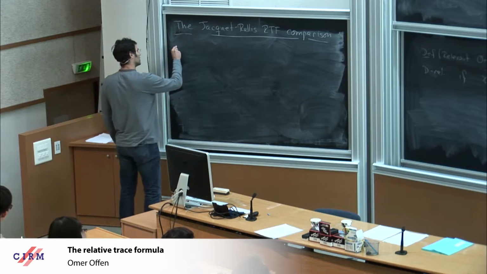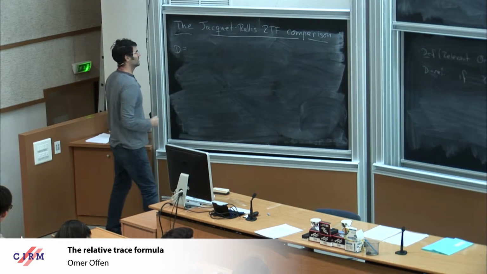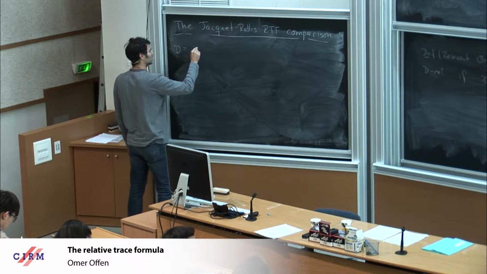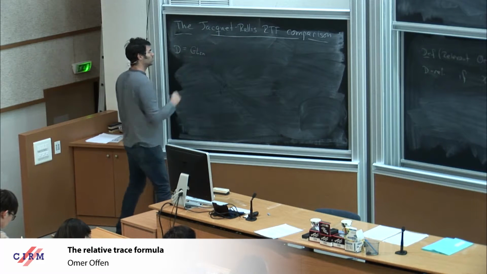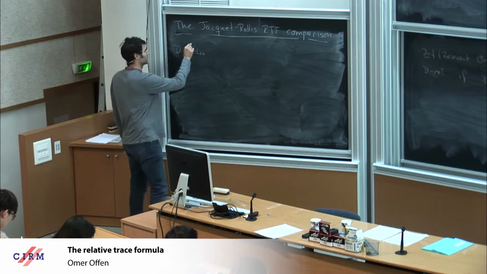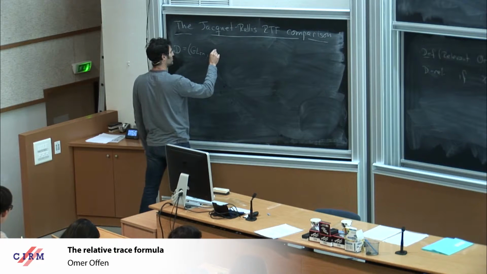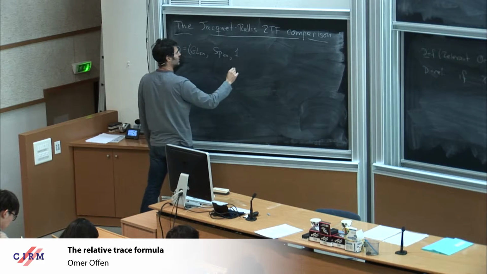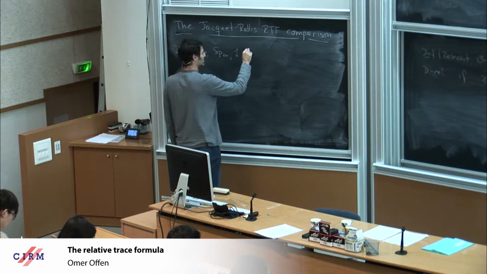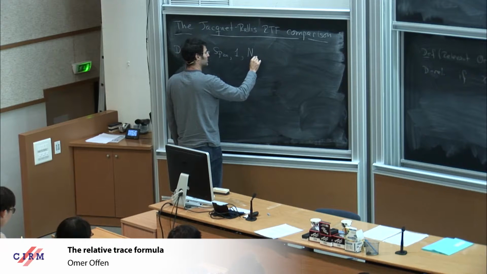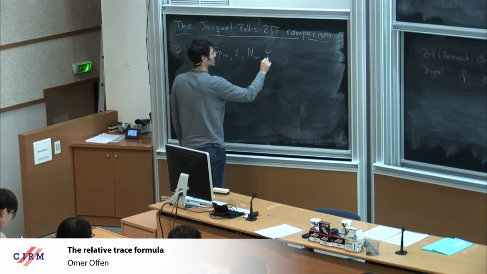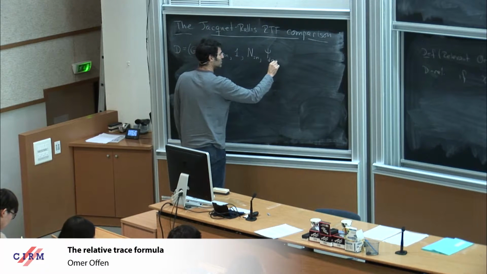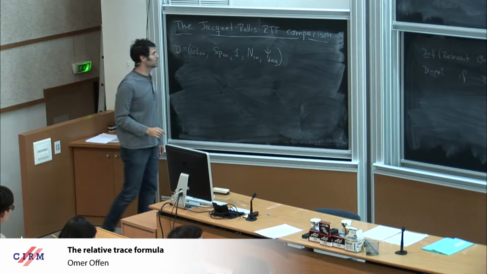So what I'm going to take is two different data. One of them, the group will be GL2N, and the subgroups are the symplectic group with the trivial character and the maximal unipotent with some character.